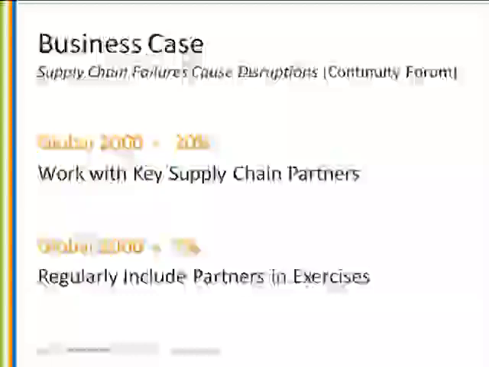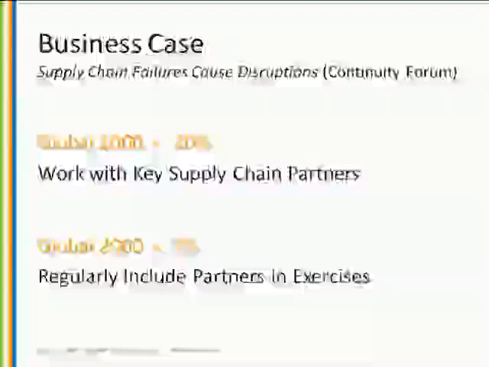So again, we'll go to the next slide for just a moment here, and really the last of our business case information. These statistics, which were offered by the Continuity Forum, talked about how fewer than 20% of the Global 2000 companies, and this was in 2007, work with their key supply chain partners to really embed business continuity management principles in their relationship.